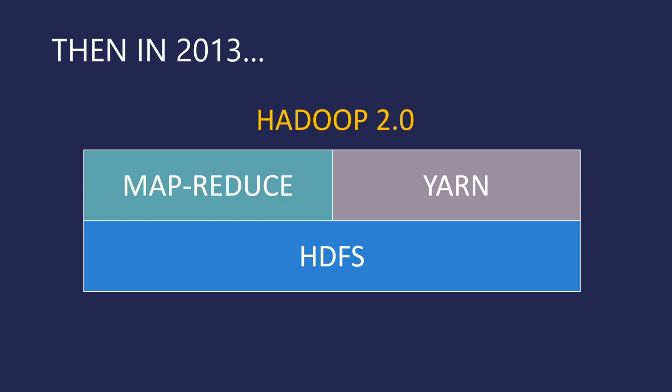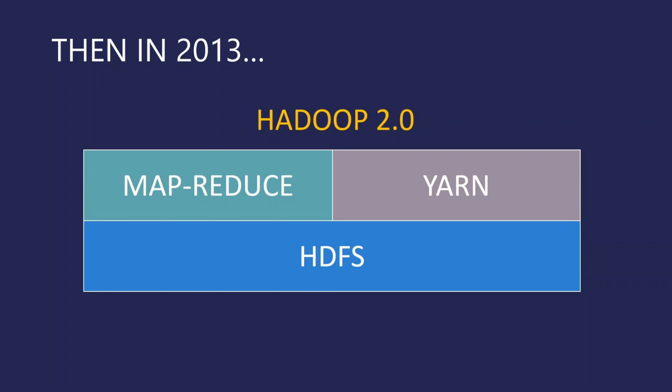YARN is not just running on one system. If you remember from the previous video, distributed computing is a cluster. There are multiple machines connected as a cluster, one machine connected to another machine.